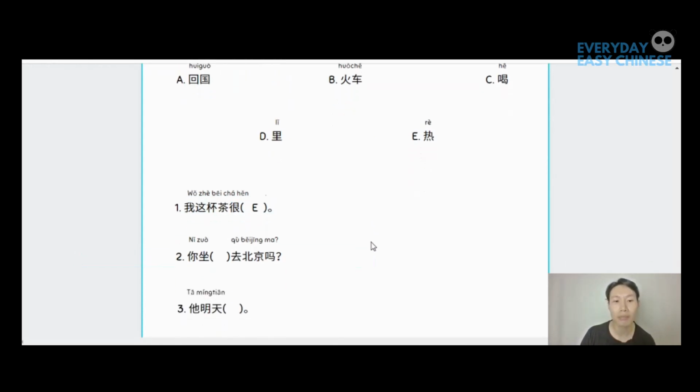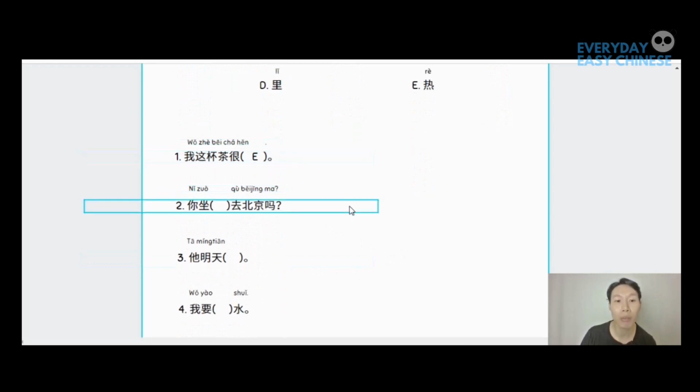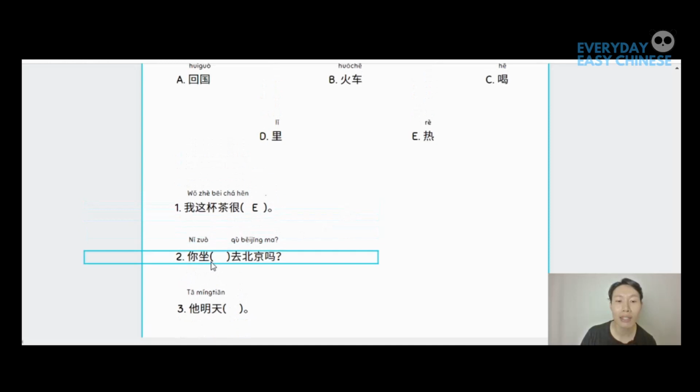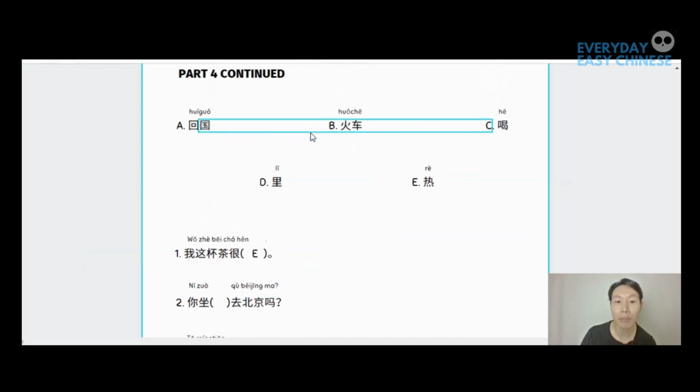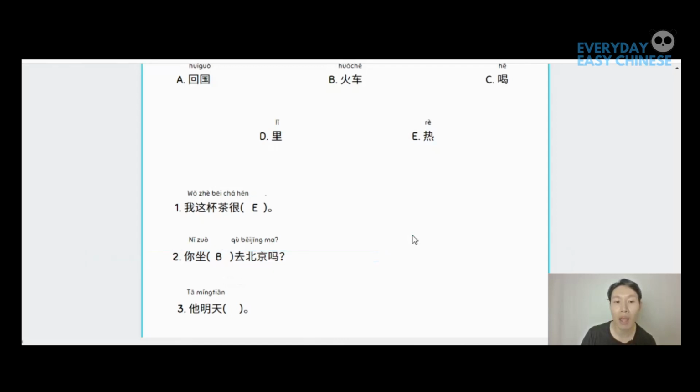E. If you see 很, normally after it is an adjective, a descriptive word. Number 2, 你坐去北京吗? 你坐, so you're sitting on something to go to 北京. So it is B. 你坐火车去北京吗? Will you take the train to Beijing?